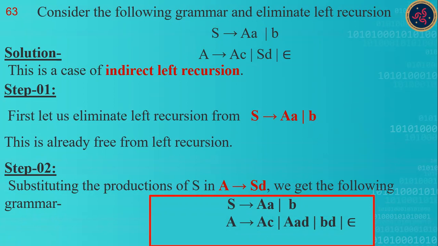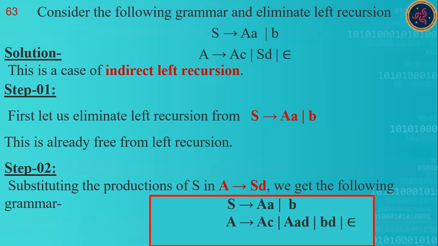Again there is another rule, S gives B. So you have A gives A C, which is the previous one, already there. And in the second production, we have substituted a value for S. That is, instead of S D, you can have A gives A a D, or A gives B D, that is B from this B, or epsilon from the original rule. Epsilon is also there.